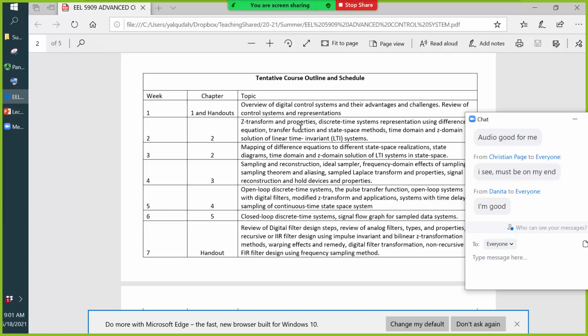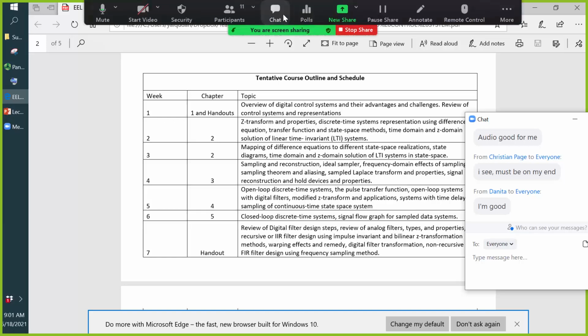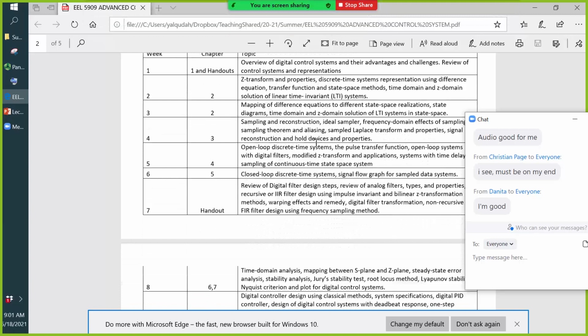Okay. Can I ask you, just to have more interaction, how many of you are from electrical engineering, and do we have anybody from mechanical engineering? I'm electrical. I'm mechanical. I'm electrical. Okay, most of you are electrical, mechanical, okay. Nevertheless, everybody has taken linear control.